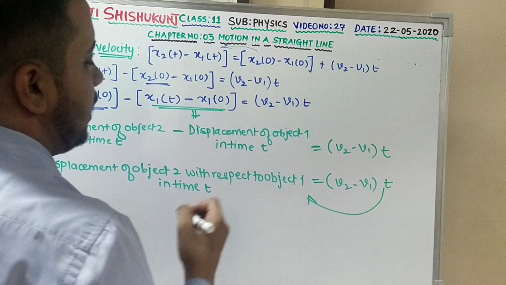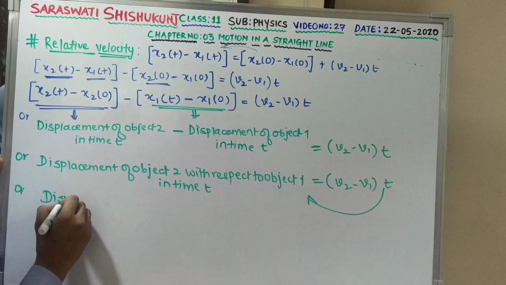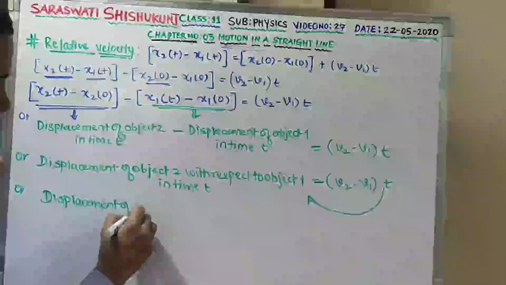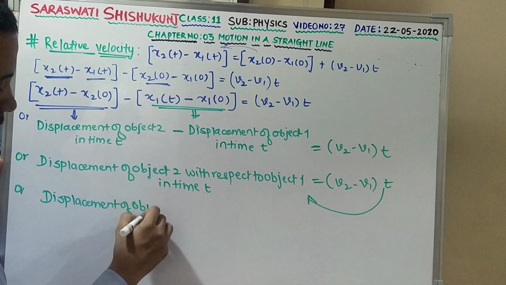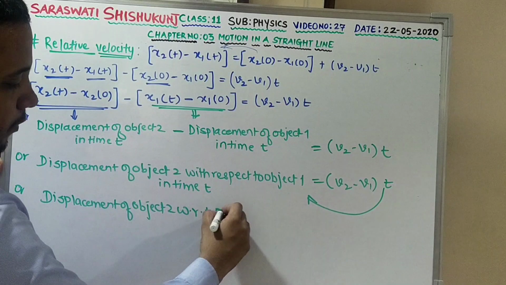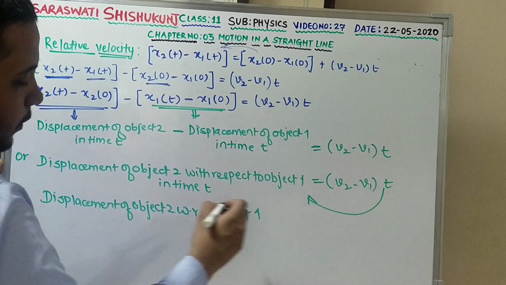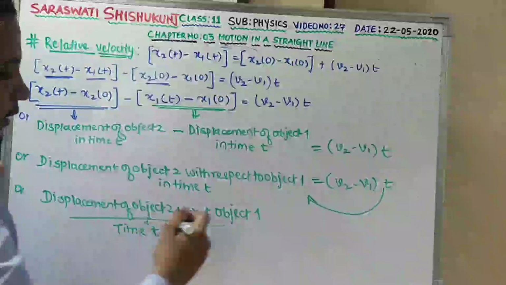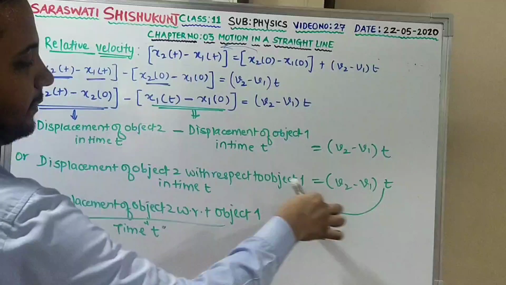Suppose I send this t downwards, I get the displacement of object 2 with respect to object 1 divided by time t, that is equal to v2 minus v1.